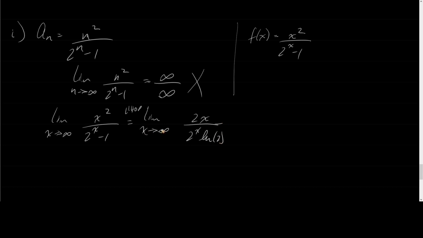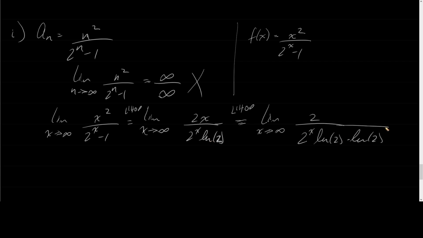If I let x go to infinity here, 2 times infinity, infinity. 2 to the infinity, infinity times ln of 2, still infinity. So we don't like that. So we're going to take L'Hopital's rule again, because we had indeterminate form, right? Infinity over infinity. So if I say the limit as x goes to infinity of the derivative of the top, 2, times the derivative of the bottom, 2 to the x times ln of 2 times ln of 2.